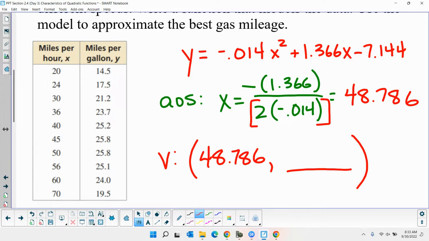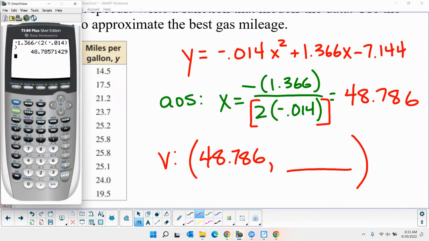All right. So I'm going to do negative 0.014 times 48.786 squared plus 1.366 times 48.786 minus 7.144.